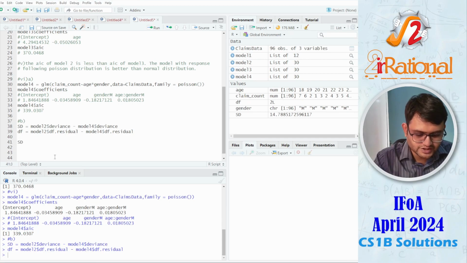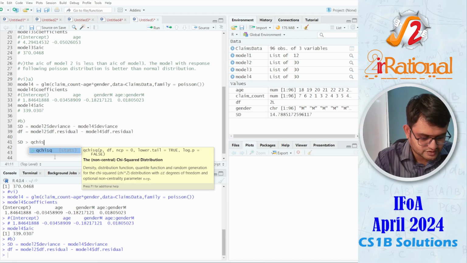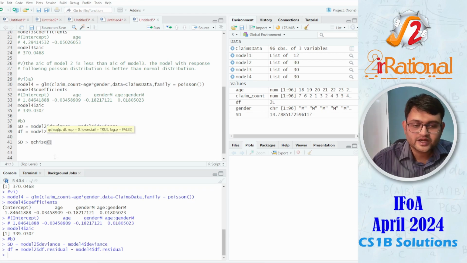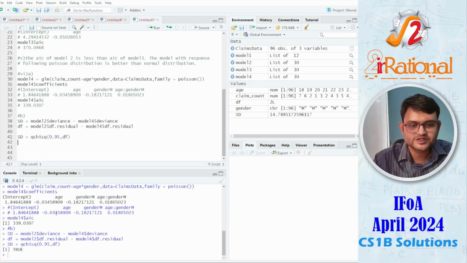Now if my change in scale deviance is greater than the quantile of chi-square at 5%, so in this case 0.95, with the degree of freedom as this change in degree of freedom, then I would say the second model is better.